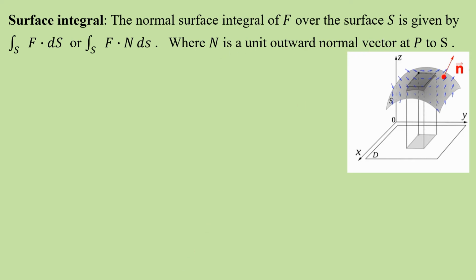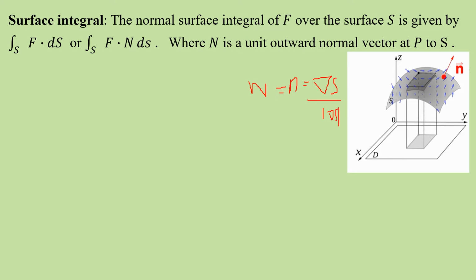If the surface is given as S, then the gradient of S is nothing but a vector normal to the surface. I want the unit outward normal, n cap, which we have denoted here as capital N. That is the vector normal to the surface divided by its magnitude. So we have the unit outward normals.